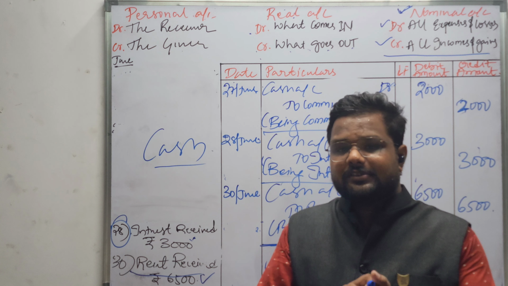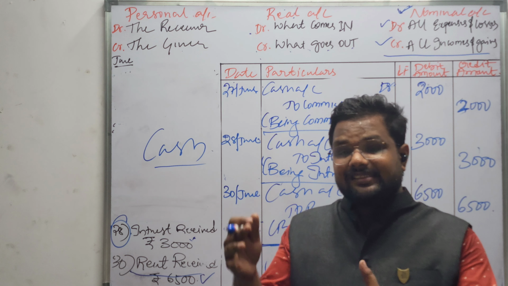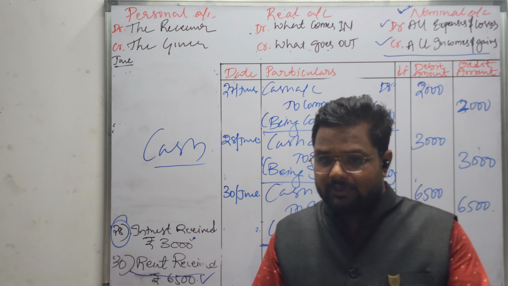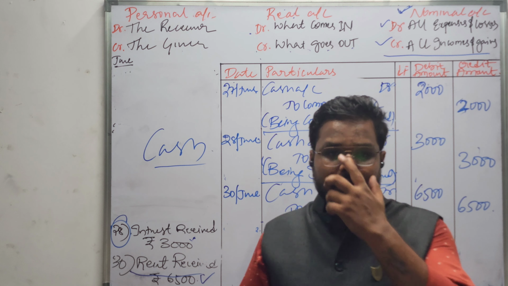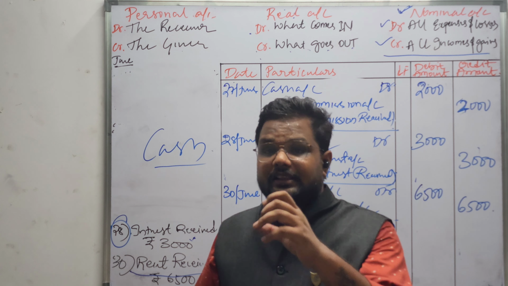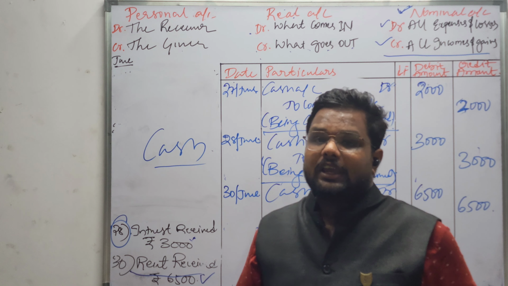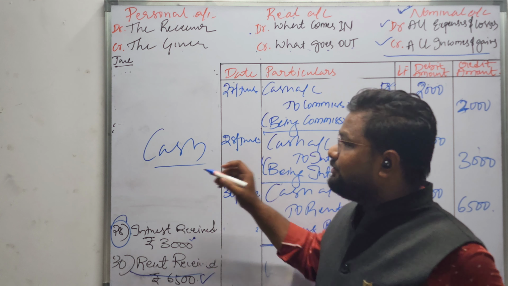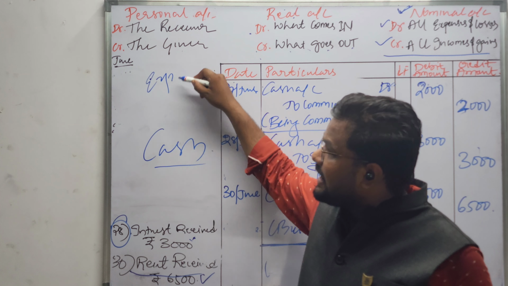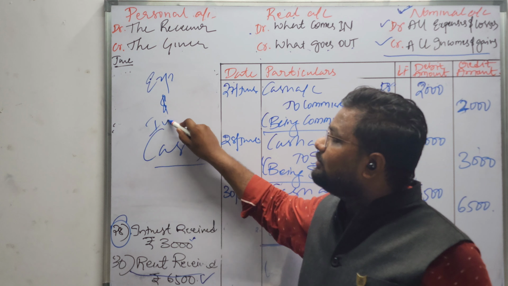So this is going to be a short video, and in the next video I'll be explaining a problem. I'll select one problem, and in that video we will be solving the entire problem. As of now, we have seen today how to record the expenses and incomes.